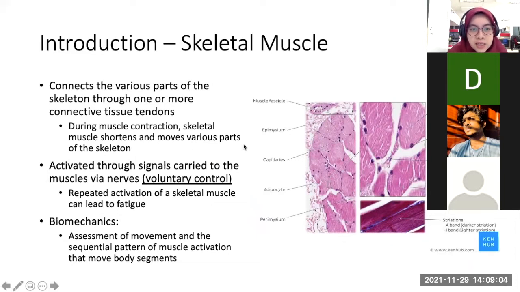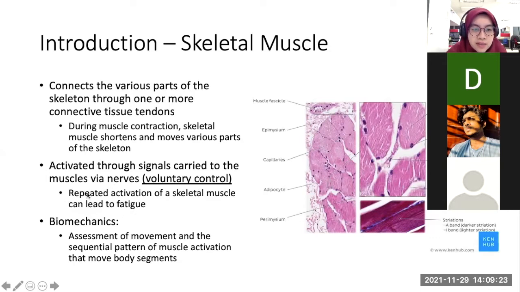Okay. These skeletal muscles are activated through signals carried to the muscles via nerves. So these actions are voluntary, meaning it's on purpose. So when you want to hold on to something or you want to walk, for example, it's generally on purpose. So that's what we call the voluntary control.